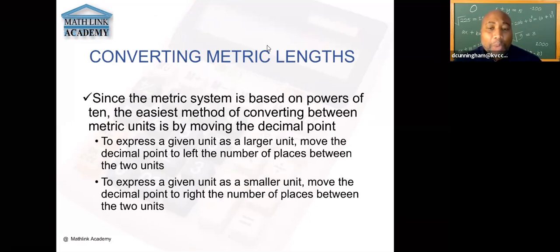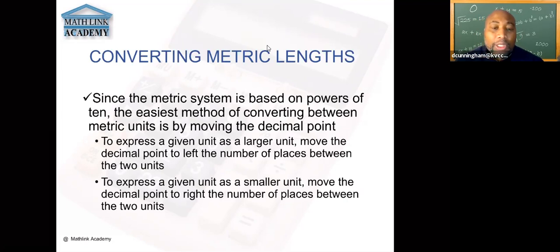Since the metric system is based on powers of 10, the easier method of conversion between metric units is by moving the decimal place. A lot of you may know how to do this without multiplying or dividing and using the unit fraction, which is what we're going to use. You may already know, just move the decimal place over 1, 2, 3 places to the right or to the left. To express a given unit as a larger unit, move the decimal to the left the number of places between the two units.